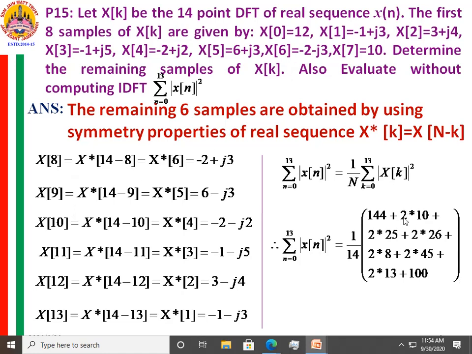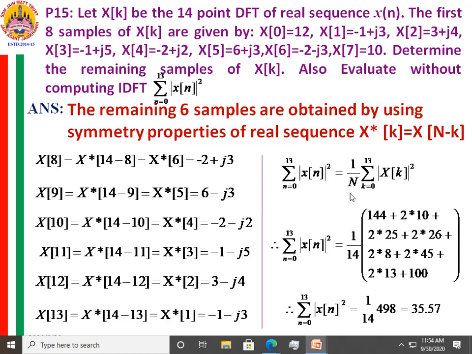So twice these magnitudes are considered and added together. Once you add all these, divide it by 14. Magnitude of x7 square is 100 here. So you add all this together and divide by 14. So the energy you are getting here is equal to 35.57.